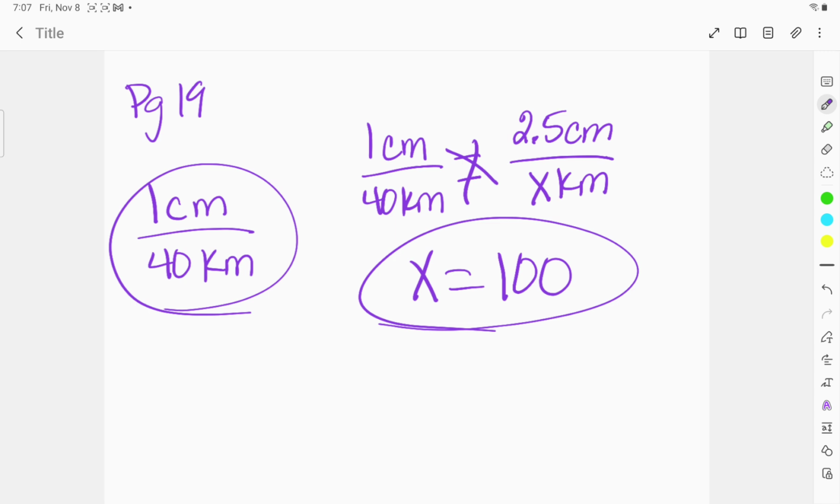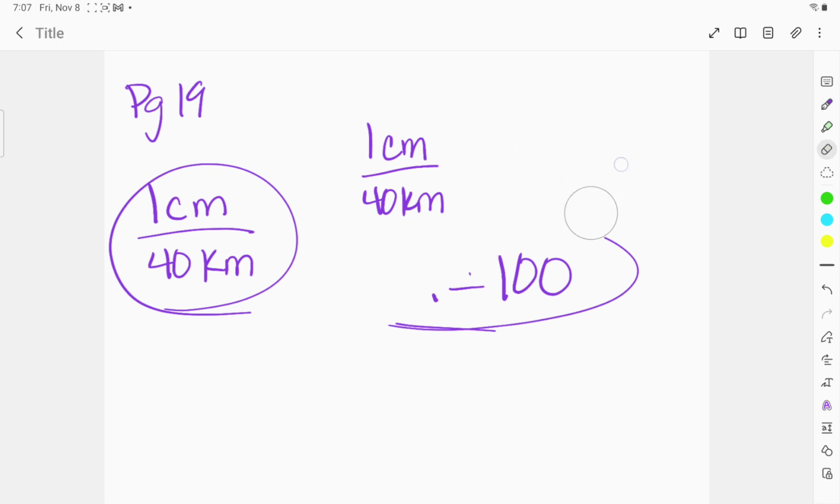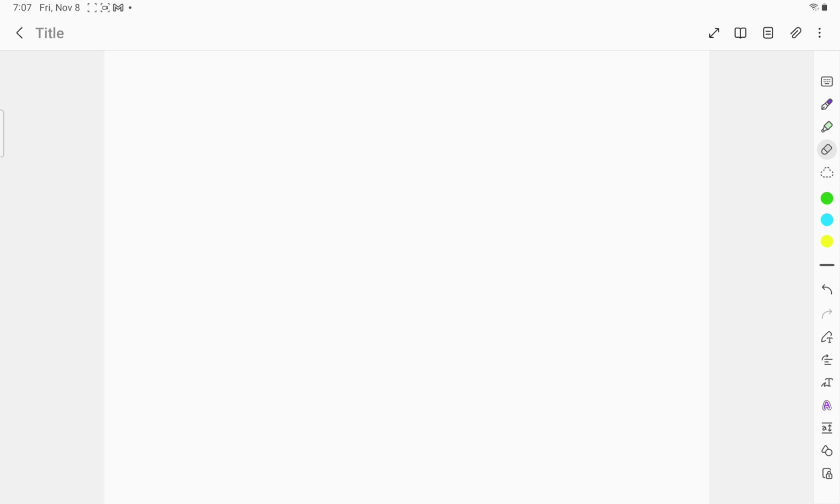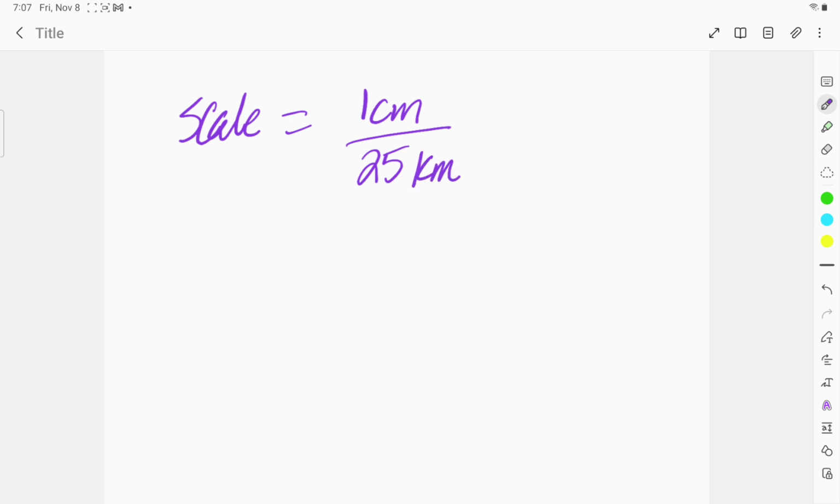All right, so you're going to use the same scale for number 2. You're using the 1 centimeter over 40 kilometers, and you're going to have it set equal to whatever your problem says in number 2. When you get over to page 20, you're doing the same thing, except now your scale is 1 centimeter over 25 kilometers.